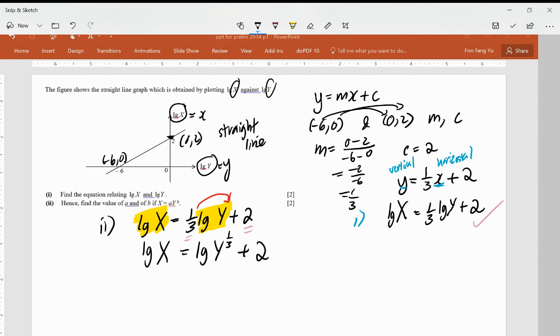You notice that both of them have lg, but 2 doesn't have lg. If I want to involve 2 into exactly one term, I must try to make lg related to 2. The only way to do that is to introduce the idea of 1 equals lg 10, because log 10 is 1. So I'm going to add an lg 10 here.